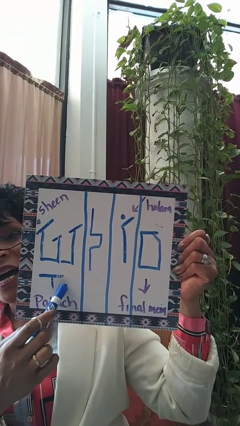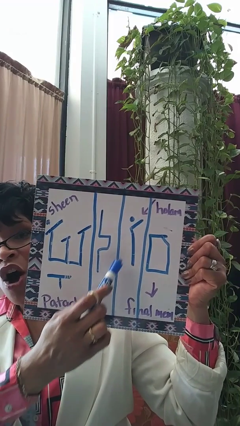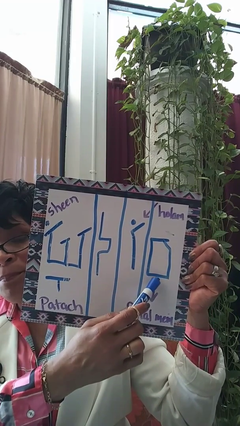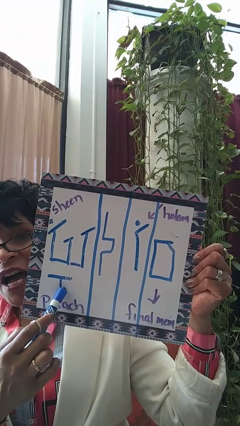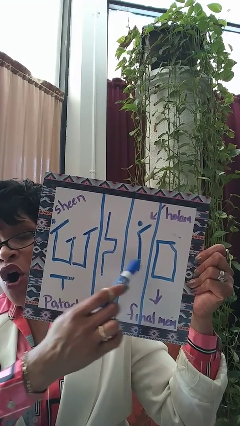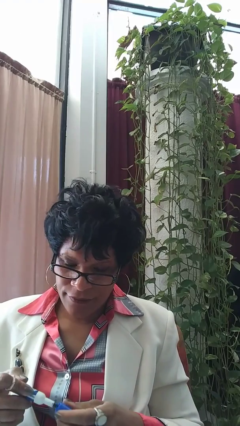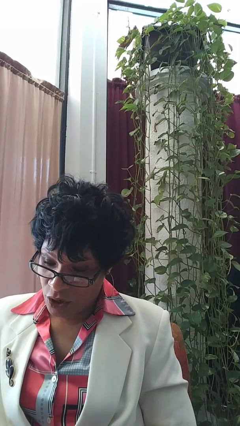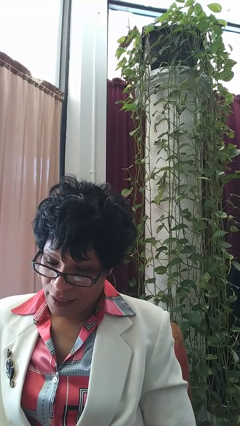Sha, l, o, m. Sha, l, om. In Hebrew, you're always going to read nuggets. I'm giving you nuggets. You're going to go down, and you're going to go up, down, up, down.